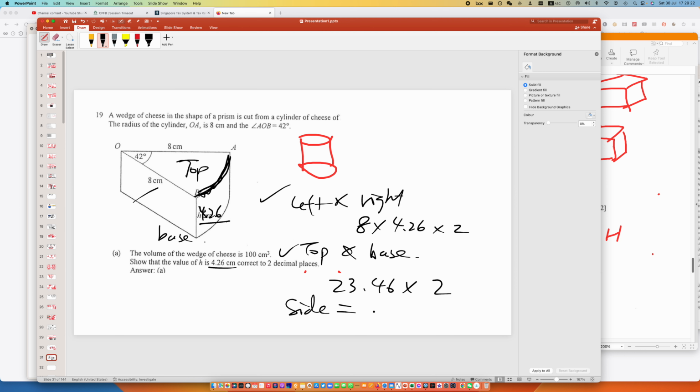How do you get AB, by the way? AB is the whole circle, then you divide by 42 over 360. Correct. But the whole circle, you want to find the perimeter of the whole circle. So basically it's what? 2 pi r, right? Times the 42 over 360. Can you key this into the calculator? By the way, this is 8. I teach you how to key in already.